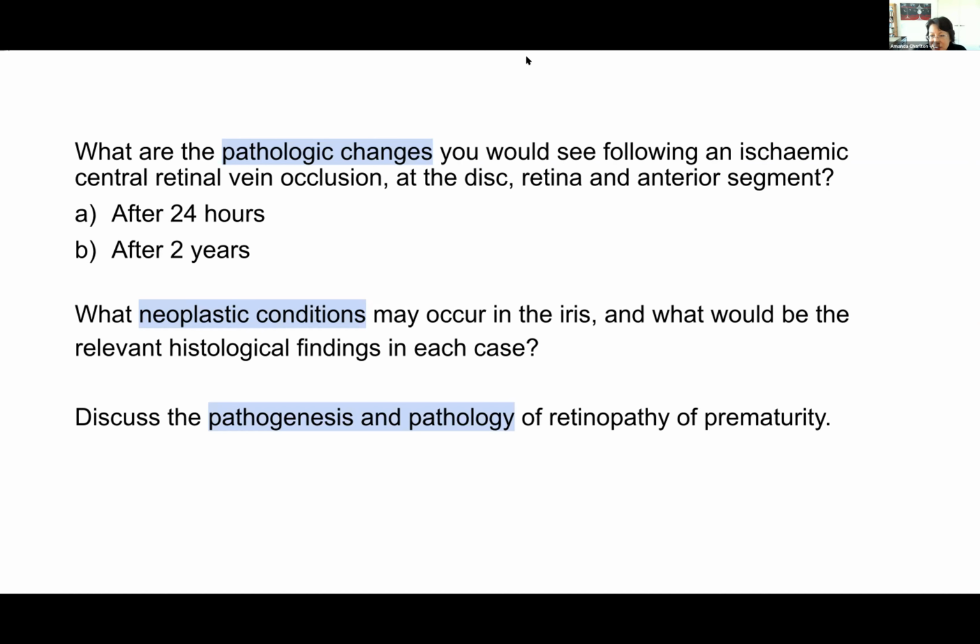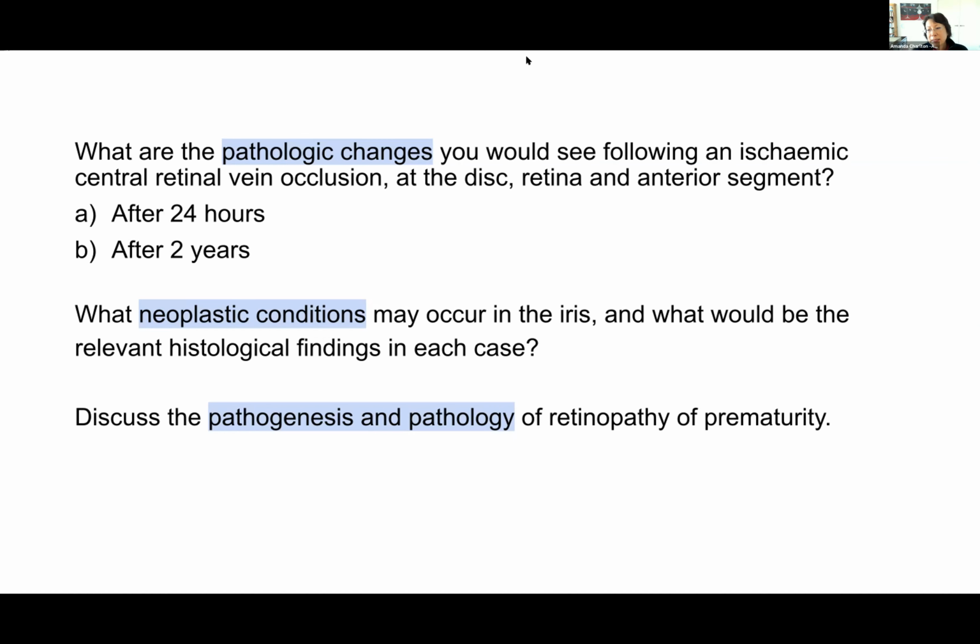So I'm just looking at the chat here about what pathology means. Generally, when you look at a question like that, it's asking for macroscopic and microscopic changes. That's what it means in the context of this question. That can be what you observe with instruments in your clinic, as well as what you would see down the microscope.